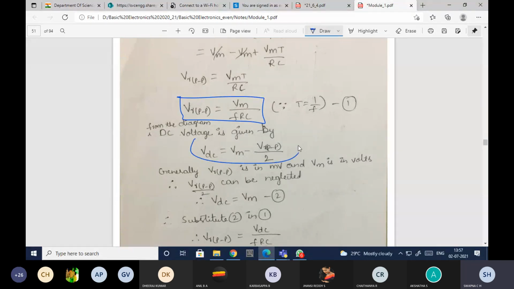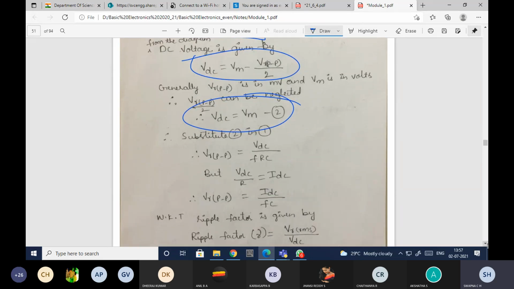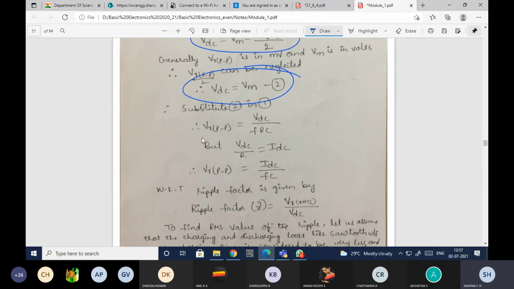Then after that I've got VDC, and since VR peak to peak is small, it can be negligible, so VDC will become Vm. Again, VDC by R will give you IDC, so instead of VDC by R, I have represented it as IDC, because sometimes they may give you the IDC value instead of VDC.